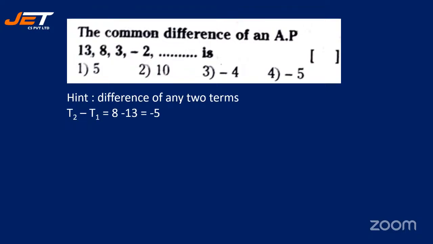Let's see how many are going to do. Type the answers and send me instead of option. If it is 5, write it as 5. If it is minus 5, write it as minus 5. Yes, Aleti, you're right. It's minus 5.